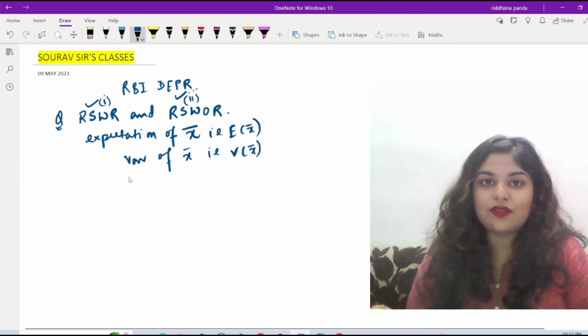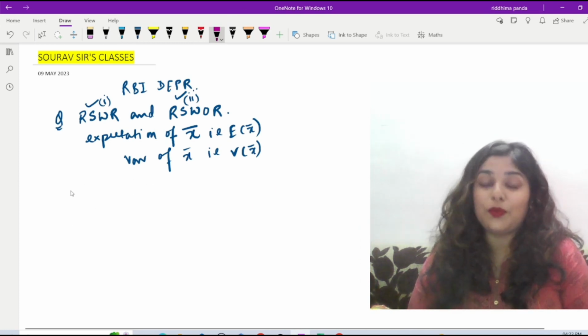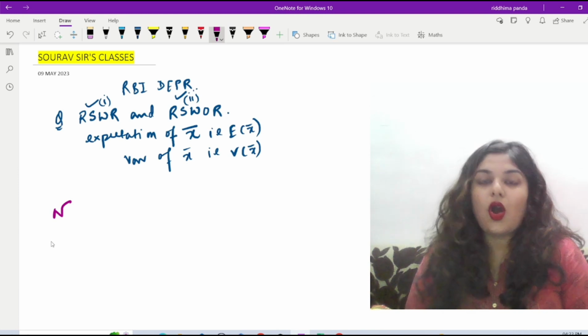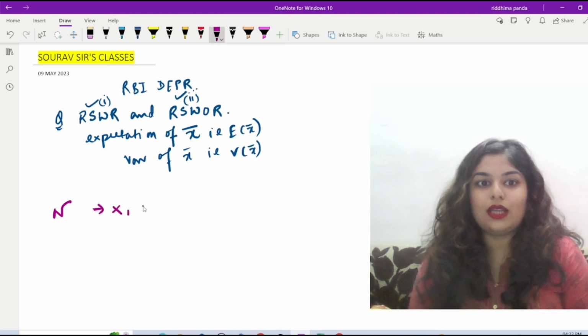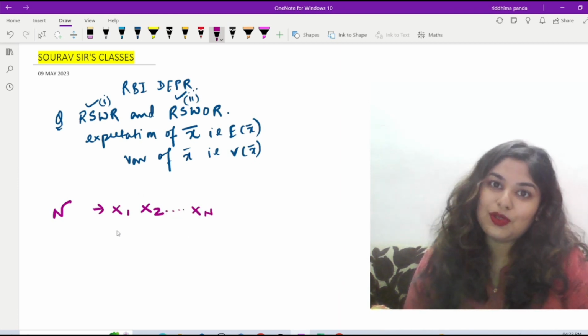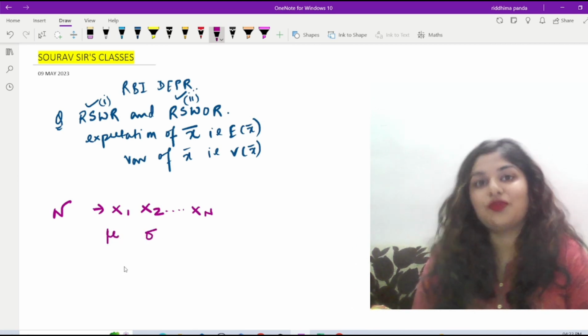Before that, let us first write down the following things. Let us consider a population with N number of observations such that the population is x1, x2 up to x capital N. Now this is a normally distributed population with mu as mean and sigma as variance.